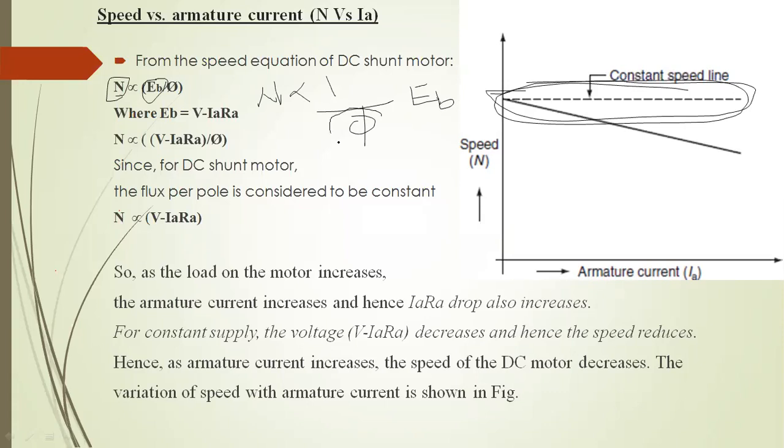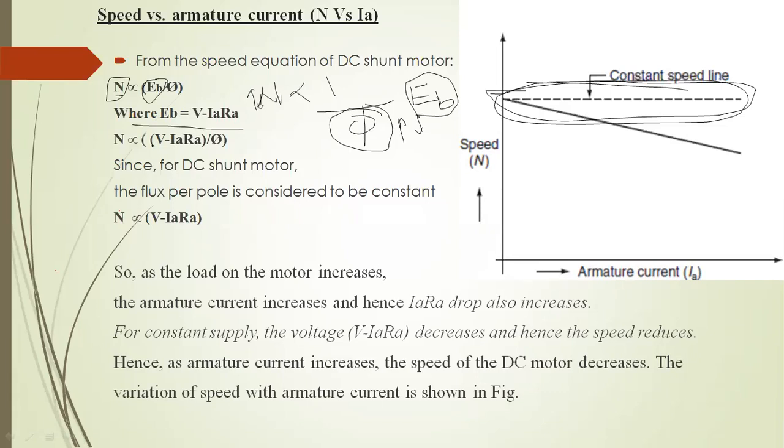When the flux is increased, the speed is decreased. If the flux is decreased, then the speed is increased. That is why it is inversely proportional, vice versa. Earlier we know the back EMF equation, that is V minus IaRa. By substituting this value in the above equation, N is directly proportional to Eb by phi, that is V minus IaRa by phi.